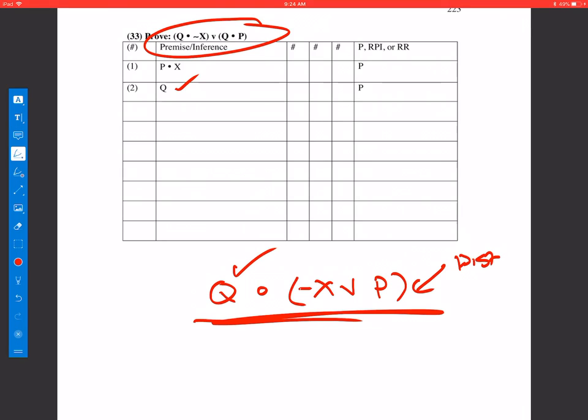And I noticed that I have a Q, and so all I would need is this business right here, the not X or P, and I think I can do that too. How am I going to do that? I don't have a not X, but I do have a P, and notice this is an OR. So let's get the P from line 1, P from 1, simplification.